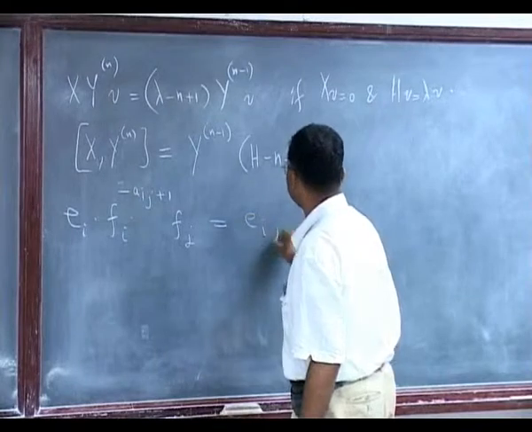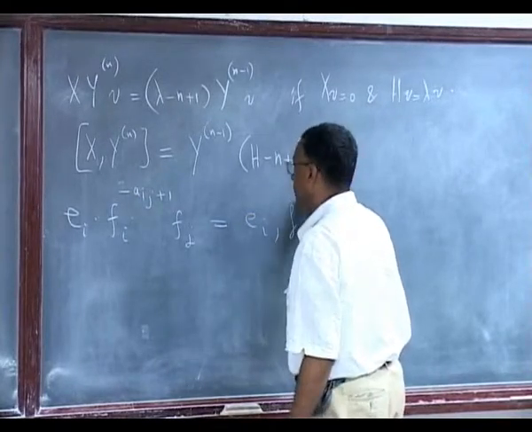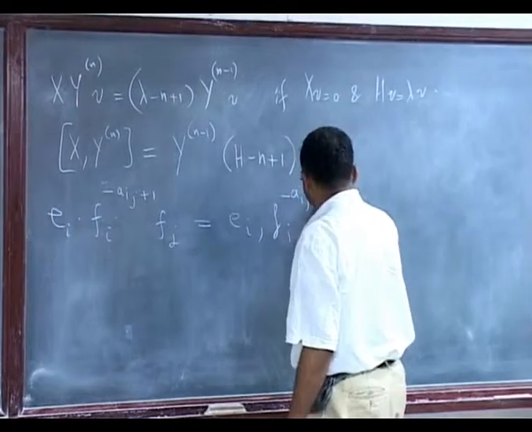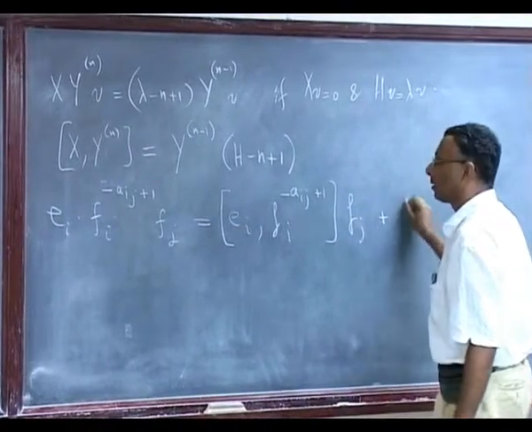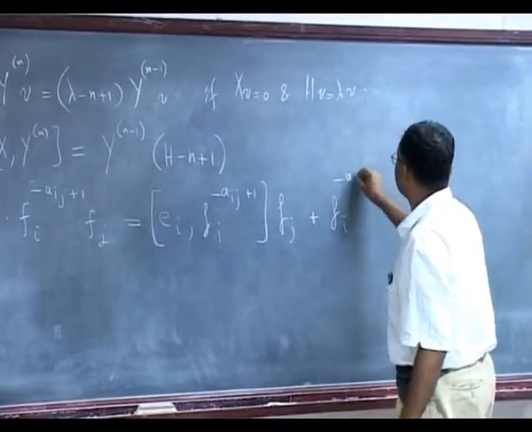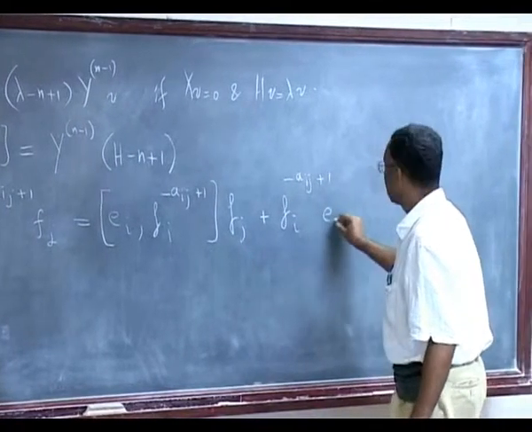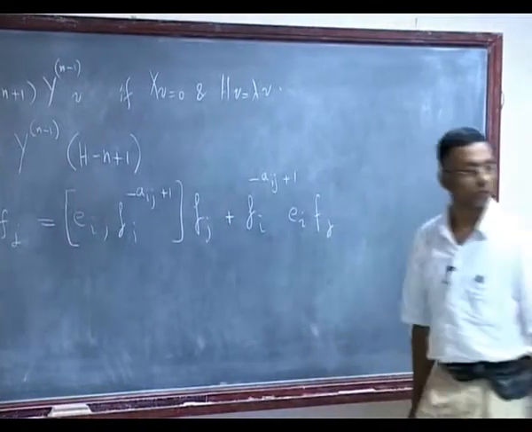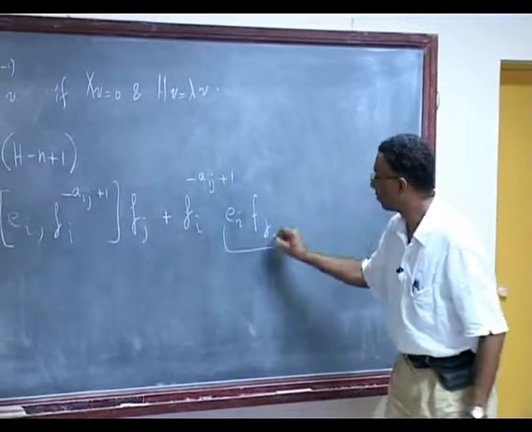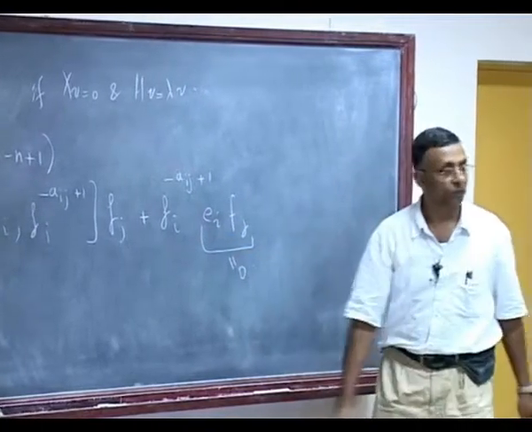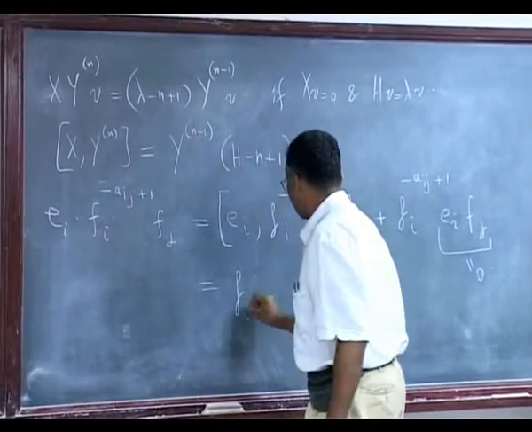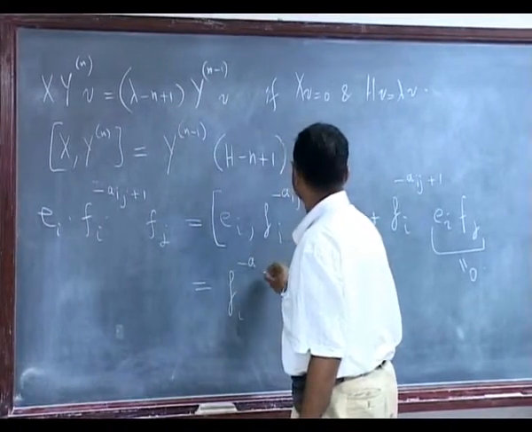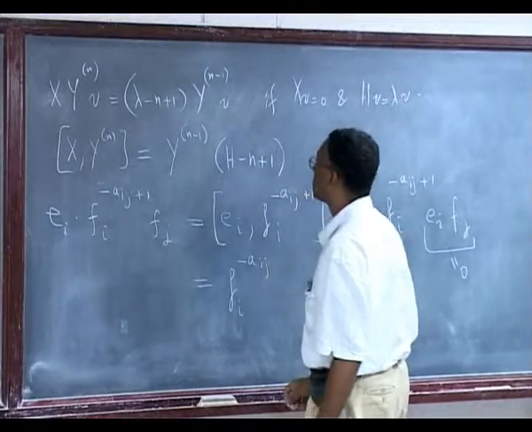This I can write as the commutator of Ei with Fi to the minus Aij plus 1, times Fj, plus Fi to the minus Aij plus 1 times Ei Fj, right? But this is 0. And what is this? This is Fi to the minus Aij.